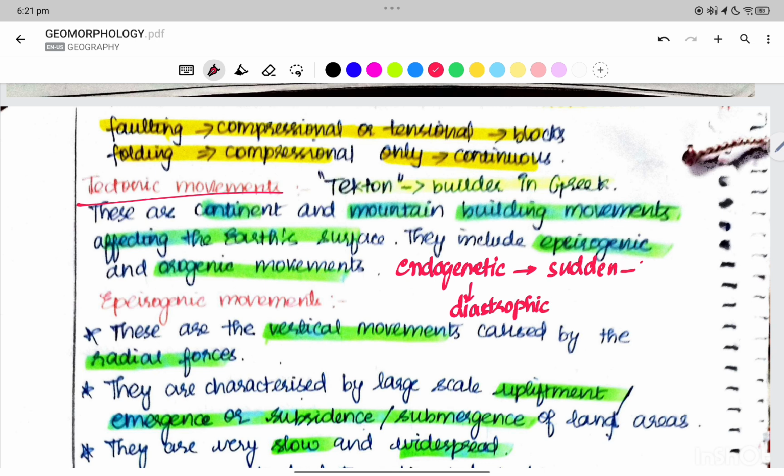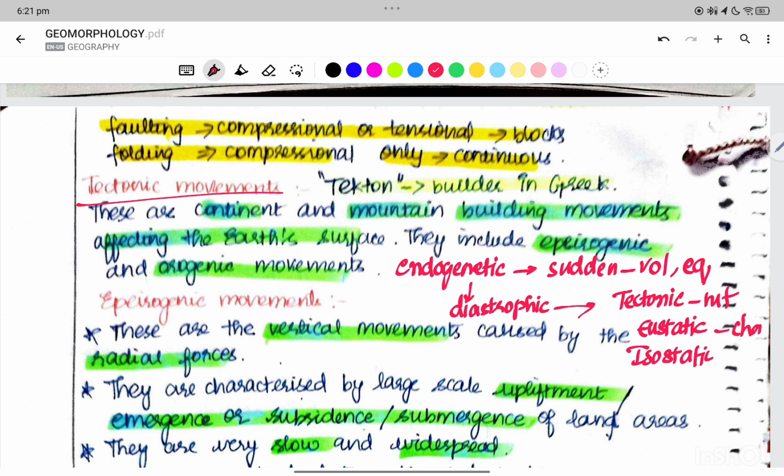Sudden forces include the volcanoes and the earthquake, whereas the diastrophic forces are classified into tectonic, eustatic, and isostatic. Tectonic means mountain building.